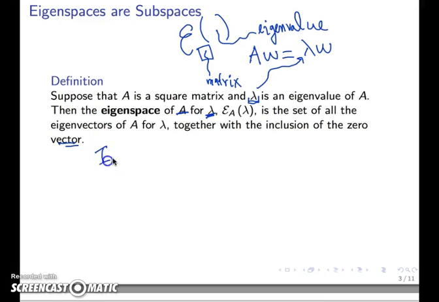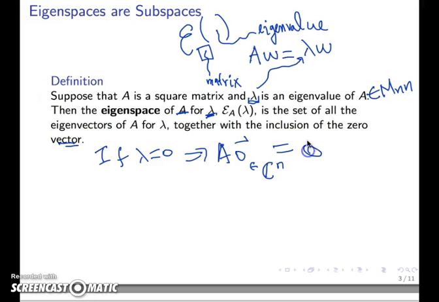So obviously, if lambda is 0, and here we assume that A is a square matrix. So if lambda is 0, then A times 0, this being the zero vector in Cn, A times 0 is the zero vector in Cn, okay?